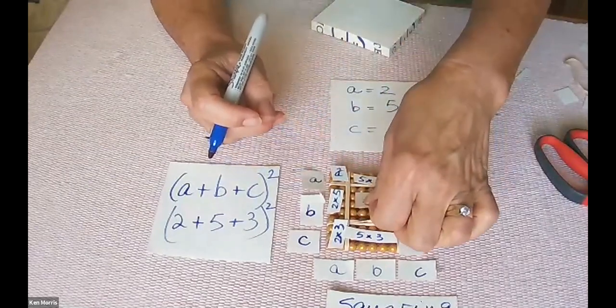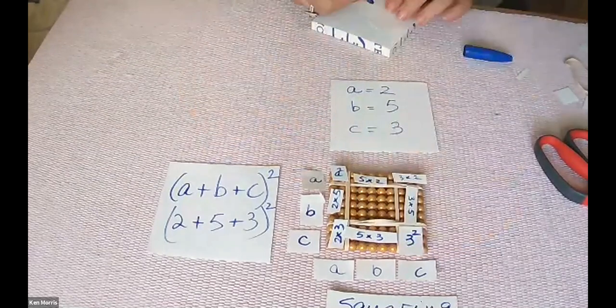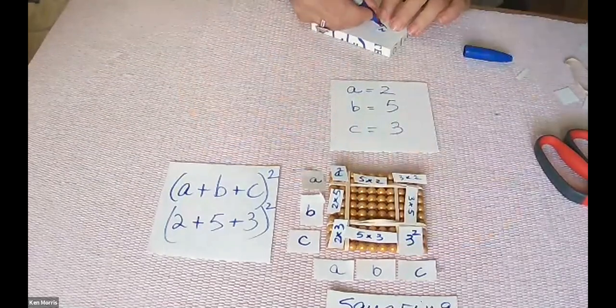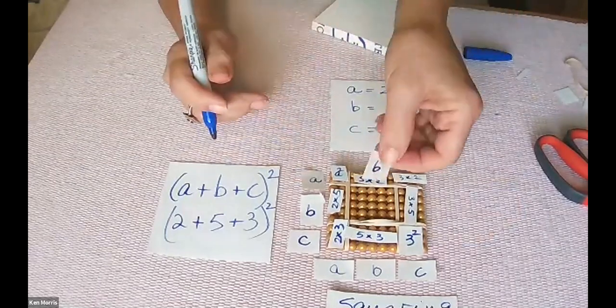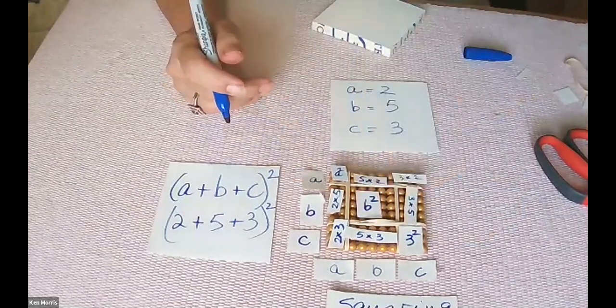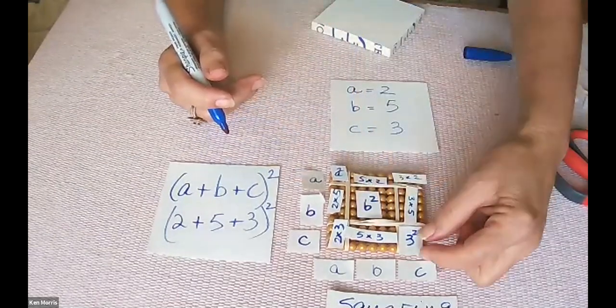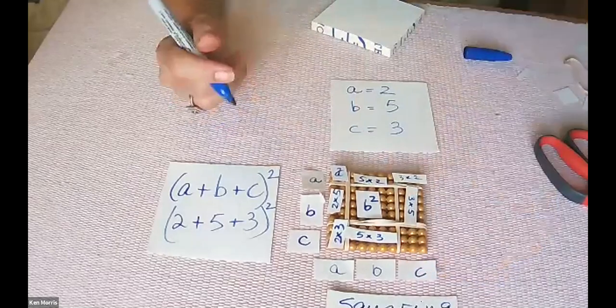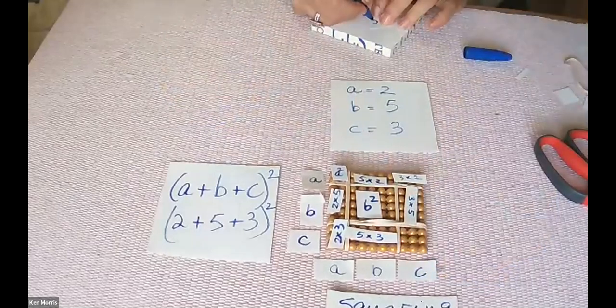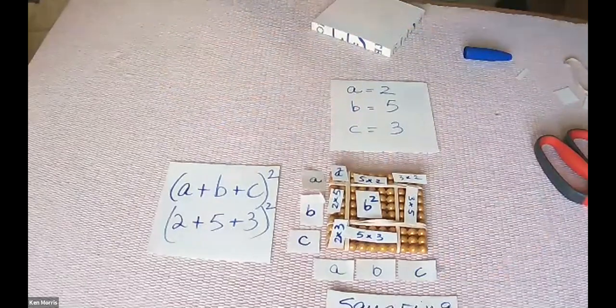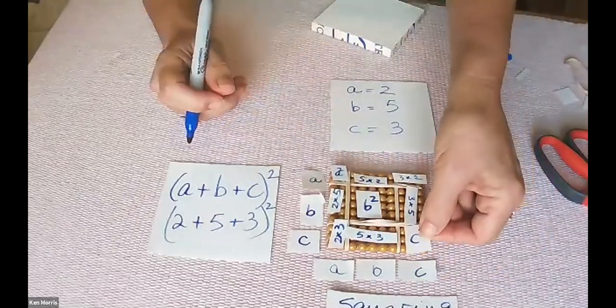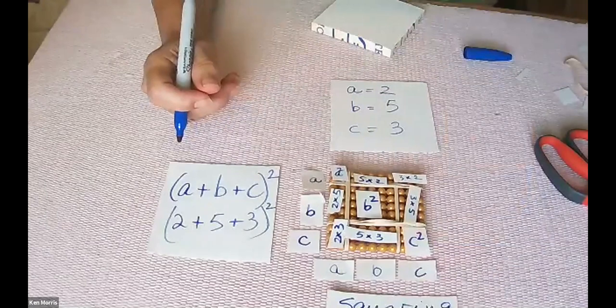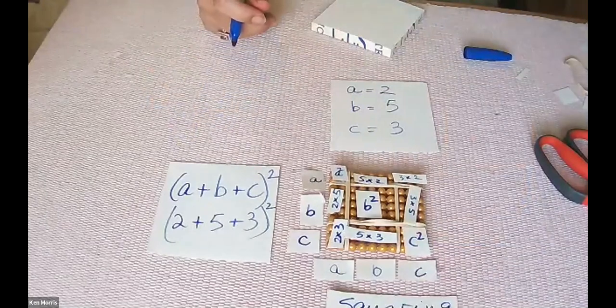I'm going to do the same with my 5 squared. That's going to be B squared, because B is equal to 5. My 3 squared will be C squared, because C is equal to 3. So there are my 3 perfect squares.